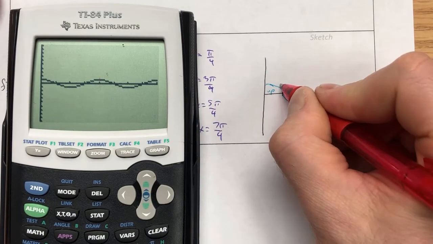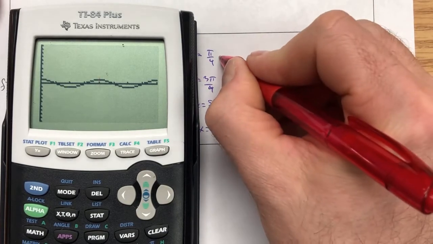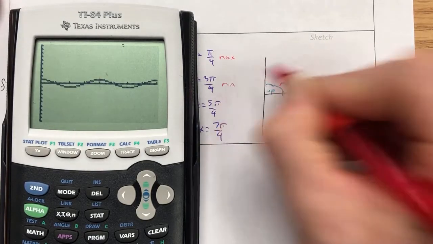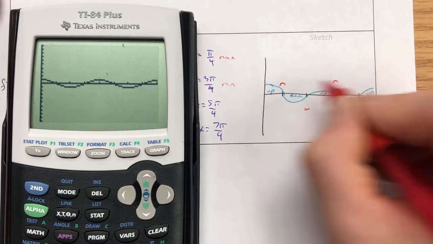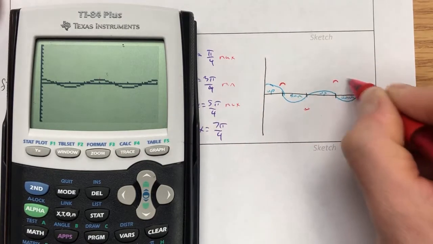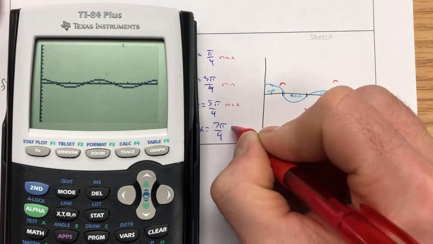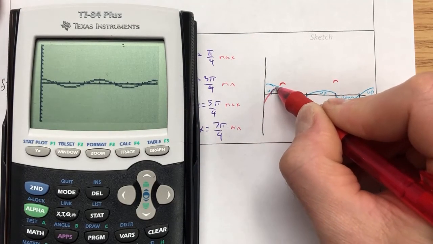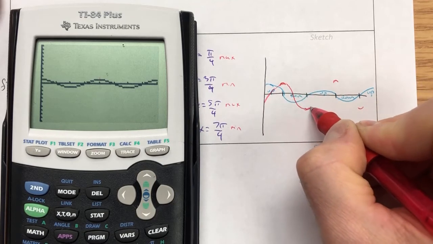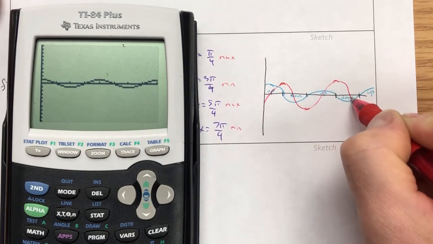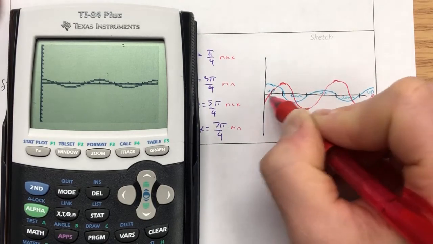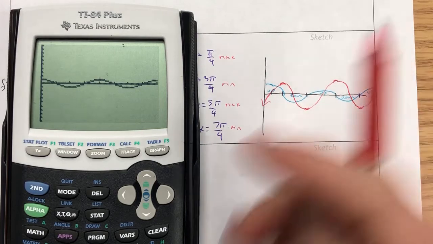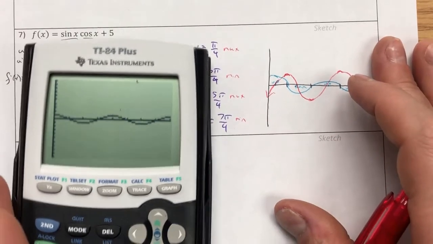So if the graph went from up to down, I have a max. Down to up, I have a min. And I have a max. And it goes down to up, so a minimum point. So my graph should look something like this.